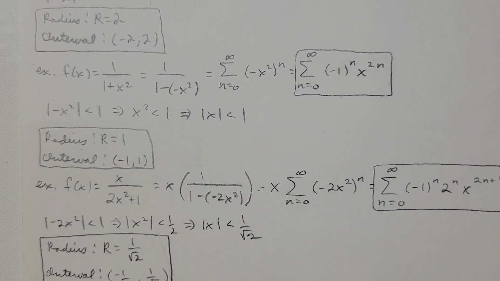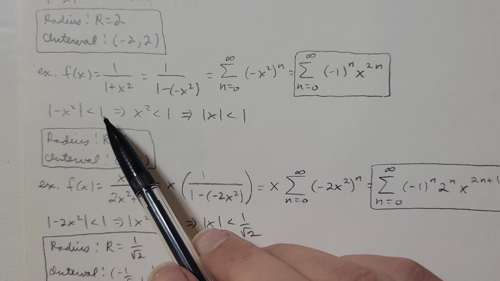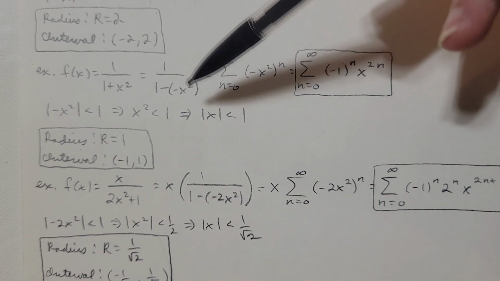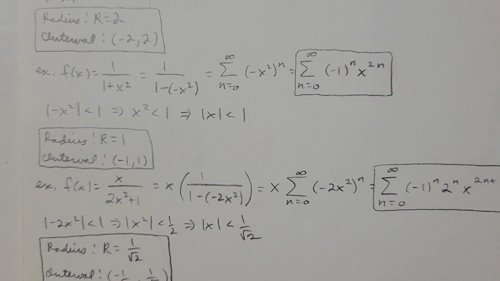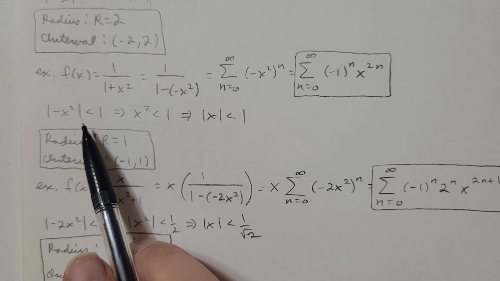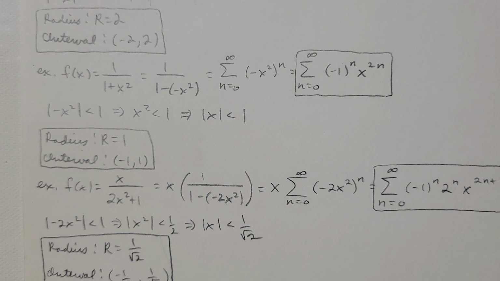Well, if the absolute value of r is less than 1, you're going to have a convergent series, right? Again, we're using a geometric series here to get this result. So the absolute value of negative x squared is the same as the absolute value of x squared. And x squared is already a non-negative number, so I can lose the absolute value bars there.